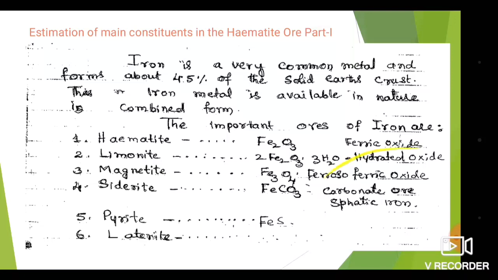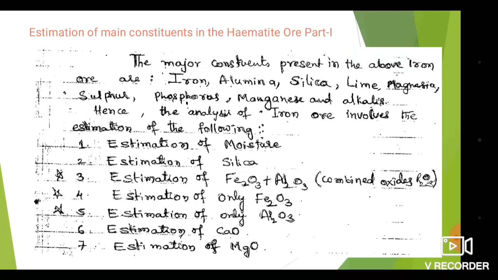So we are going to learn about the estimation and analysis of the main constituents present in the hematite ore. In this first part of the estimation of the main constituents in the hematite ore, we are going to estimate some constituents in this lecture, and the remaining we will see in the next lecture.